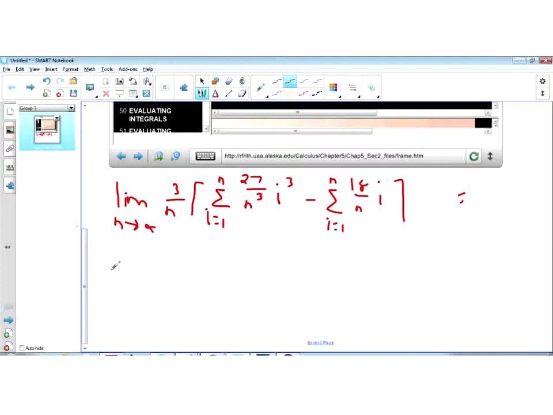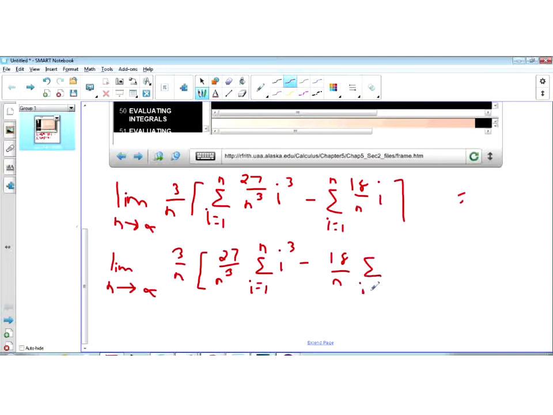Now this becomes the limit as n approaches infinity of 3 over n. We can take the 27 over n cubed out of the summation because we're only summing over i. And we can take the 18 over n out because we're summing only over i, like so.